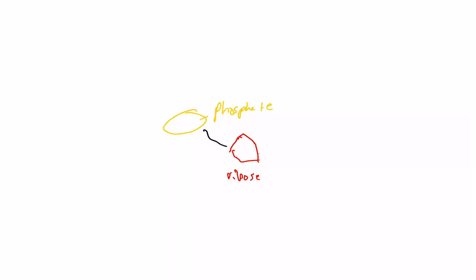And then it's going to be attached to a nitrogen-containing base. The book kind of draws it like that. So that's going to be your A's, U's, C's, and G's.